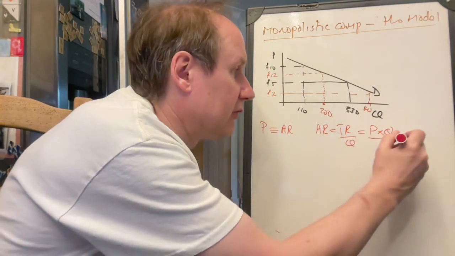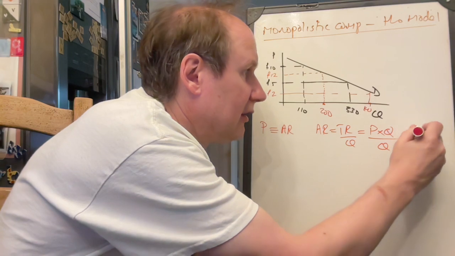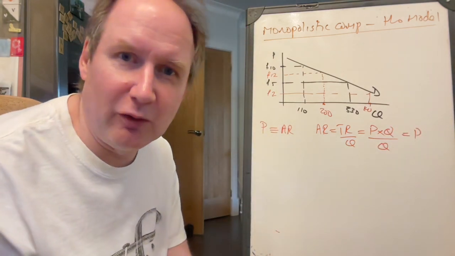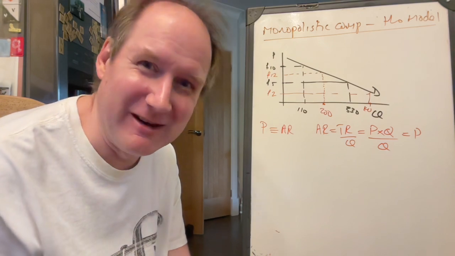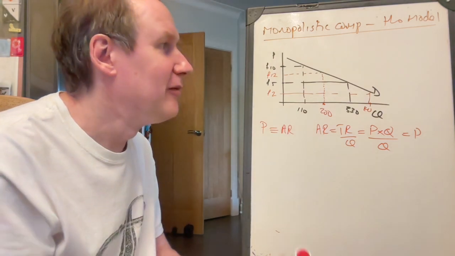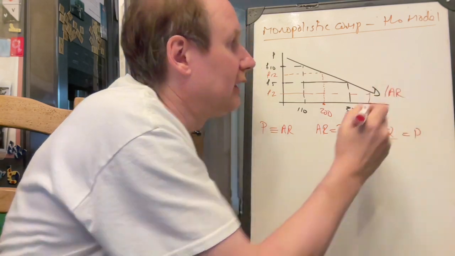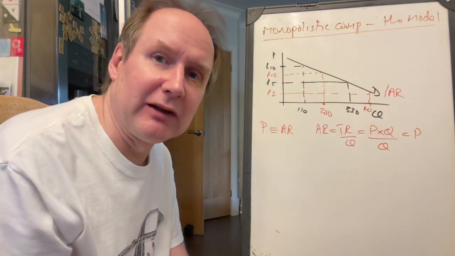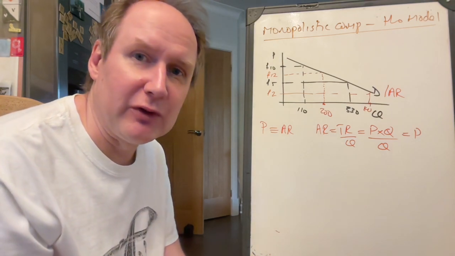So average revenue is price times quantity over quantity, which is price. Or more simply, if I sell all my things for £7, on average, my revenue is £7. It's not rocket science, this stuff. But what we can say is that line, if you look at it one way, it's a demand line. If you look at it another way, it's an average revenue line.